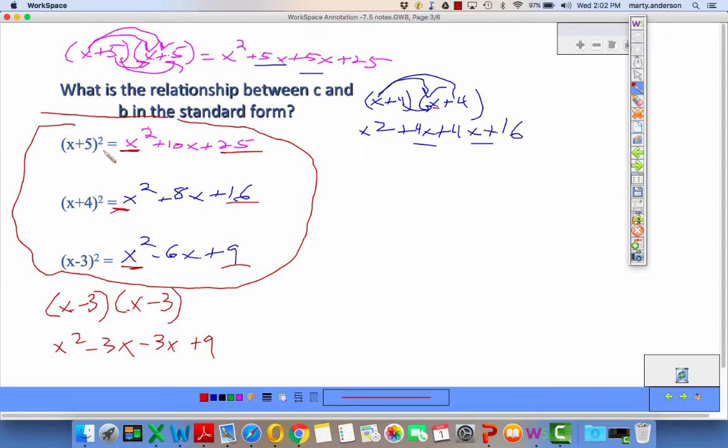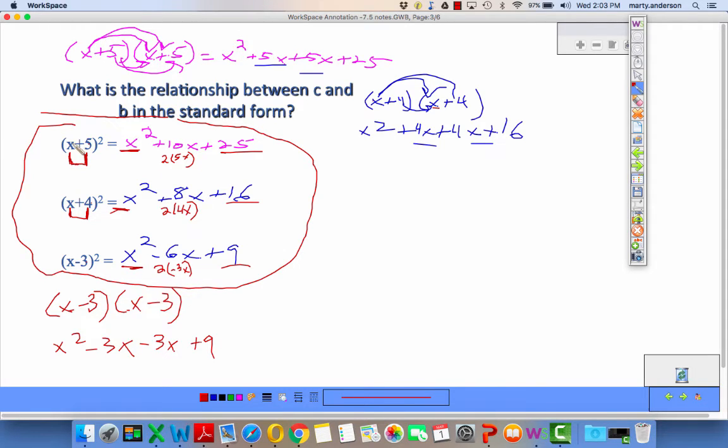This is this number times this number, which is 5x doubled. There's two of them, two 5x's. This one is two 4x's. And this one is two negative 3x's.